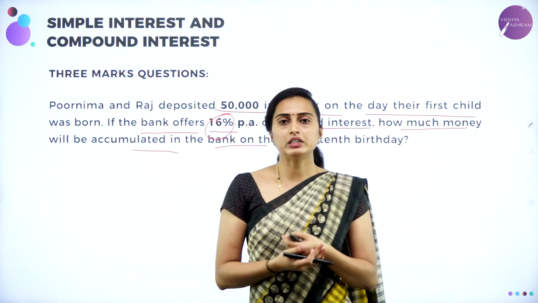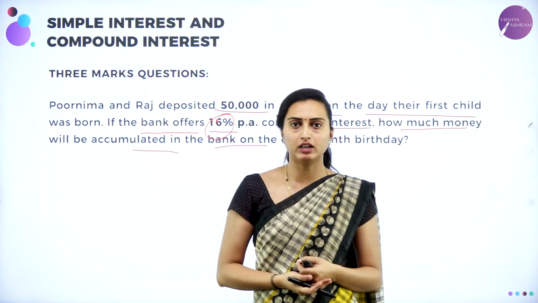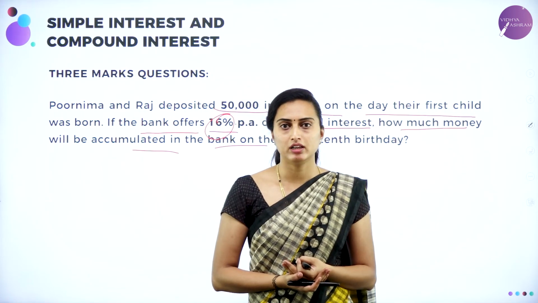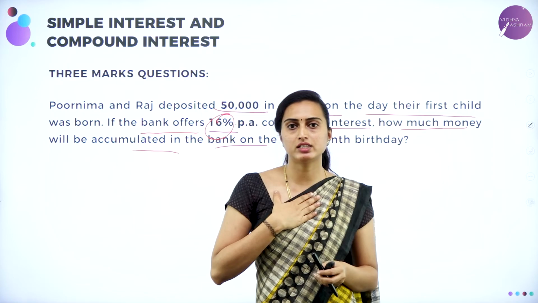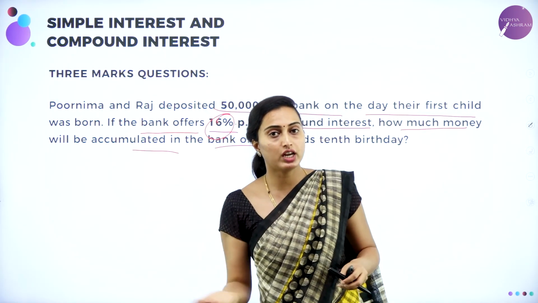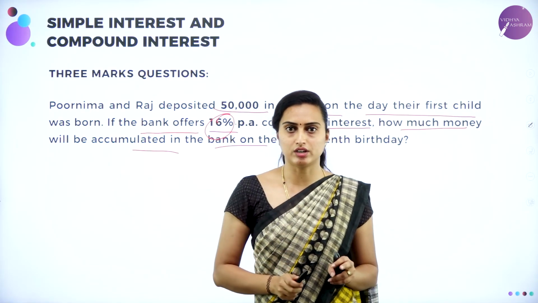Now the child was born, if I consider it as the first birthday, the 10th birthday, how many years? It will be 9 years. Born was a 0 year, right?